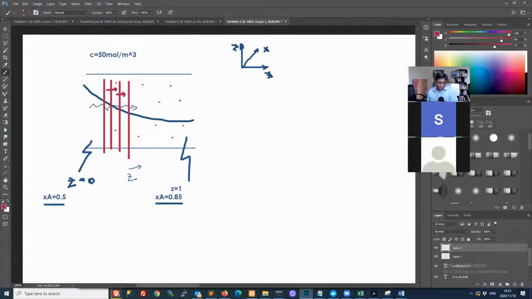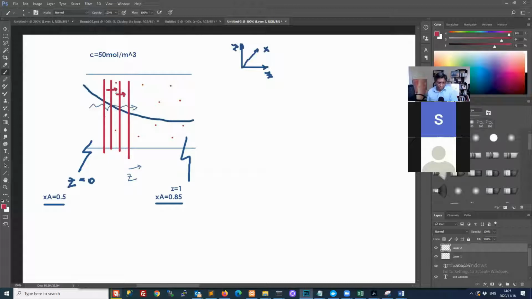If this flux is greater than this flux, then A will rise in the space. If this flux is greater than this flux, then A will drop. So the only way for this system to be at steady state is if these two fluxes are equal.